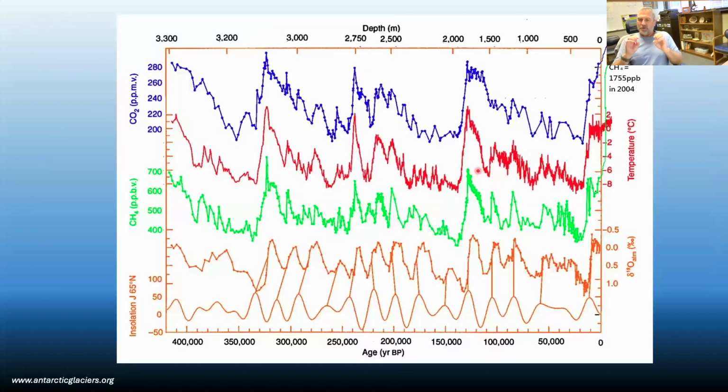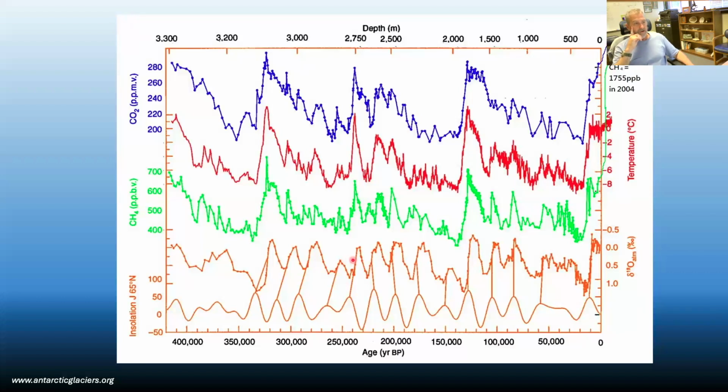This is not just true with carbon dioxide, however. Remember, I mentioned that there are a lot of factors that impact climate, and there are, in fact, a number of greenhouse gases. So in this graphic, which you can find for yourself if you'd like, we've got carbon dioxide here in blue, temperature here in red, methane here in green.